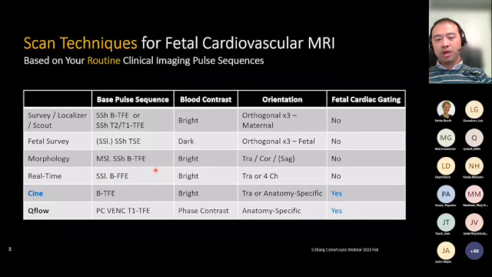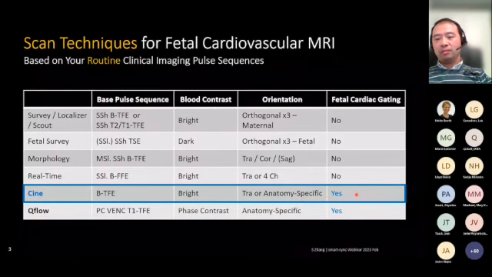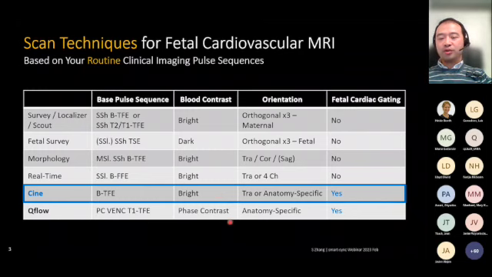These 2 are optional, but they may provide you with some additional information. And of course, today we are going to focus on cine because that is the advantage where we can benefit from combining the ultrasound gating device. And of course, you can also do a phase contrast flow measurement. We won't be able to cover it today, but if you are interested, we're happy to take it offline or in the Q&A session.